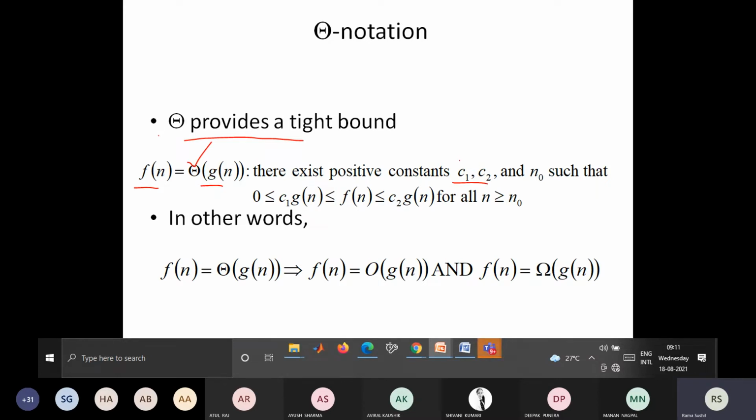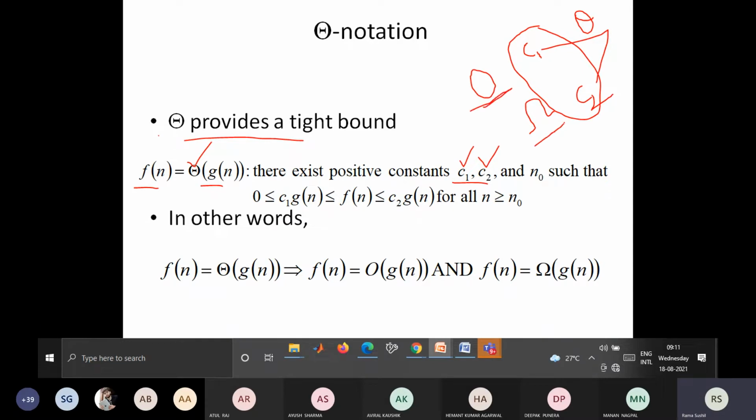You need different constants, because in the case of big O notation you have a constant C, and in the case of omega also you have a constant C. But if you put both bounds together, then these constants have to be separate for the case of theta, otherwise the values will mix. Two constants: one will work for big O, the other for omega.